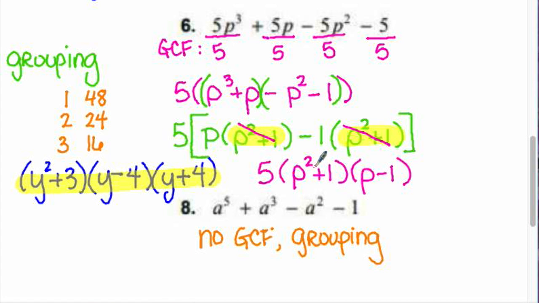Anything other than p to the first power is nonlinear. So we have p squared plus 1. Is that a sum of cubes, difference of squares, or none of the above? This one should be none of the above. So that tells me that it is factored completely. I cannot go any further. This is my final answer.